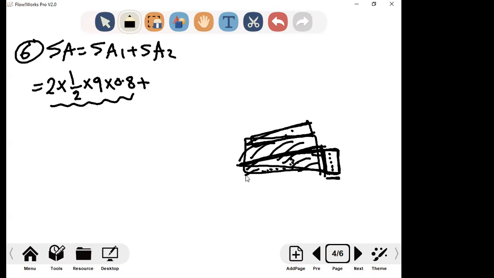It is one rectangle, right? Plus, now I'm in the rectangle on the floor. 9.035 multiply its width, 3.5. So until now, I'm done with the two triangles and the rectangle on the floor.